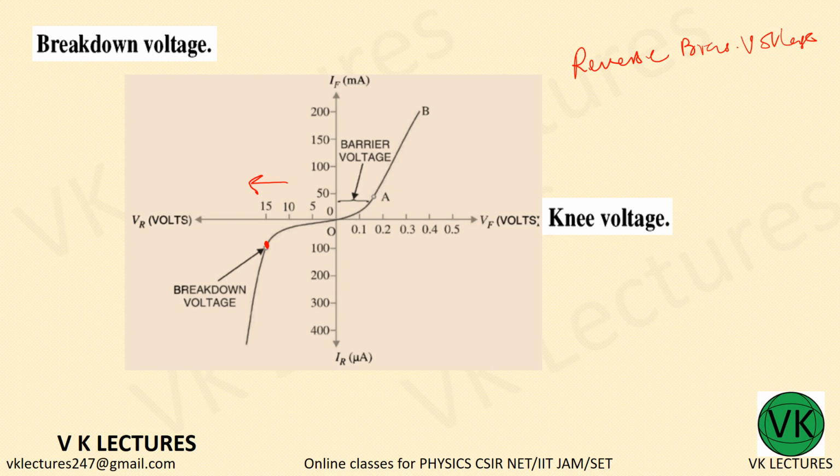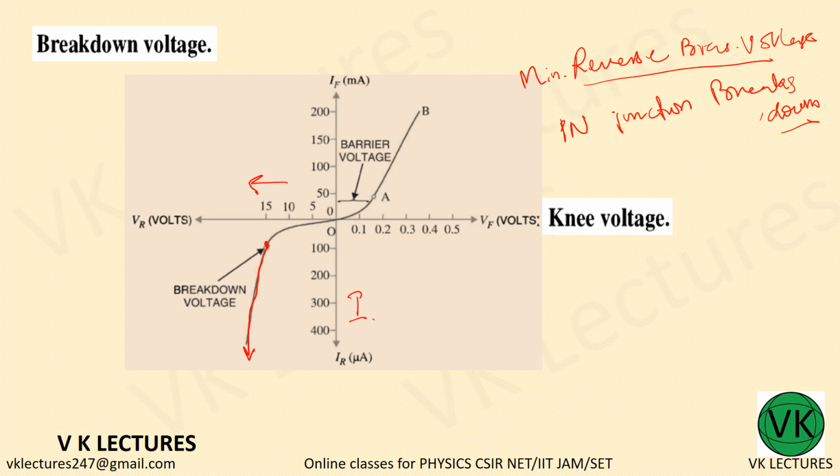Let me write: minimum reverse bias voltage at which the PN junction breaks down. That is called breakdown voltage. And once it breaks down, there will be a sudden rise in reverse current.